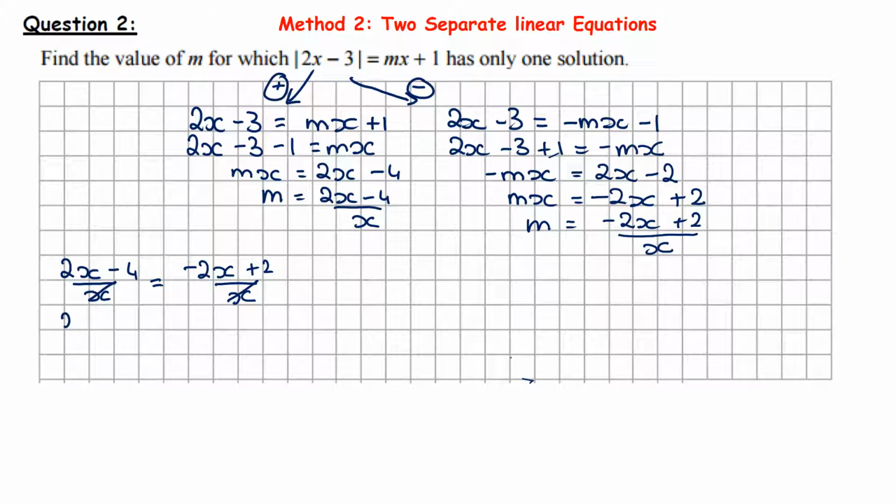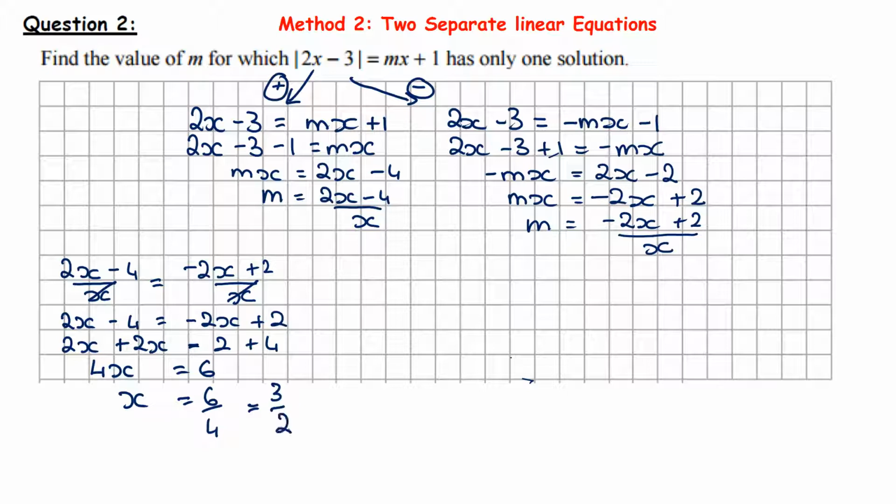And we're left with 2x minus 4 is equal to minus 2x plus 2. So 2x plus 2x is equal to 2 plus 4. So 4x is equal to 6. x is equal to 6 over 4, which is simplified down to 3 over 2. So that's our value for x.